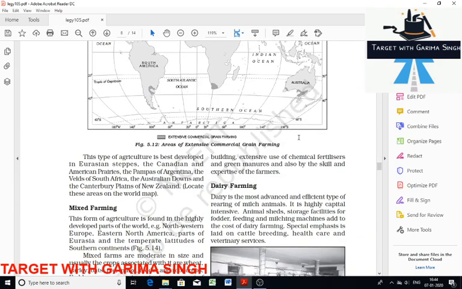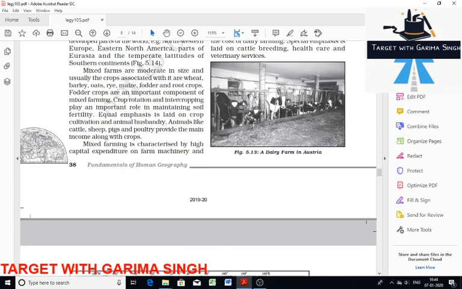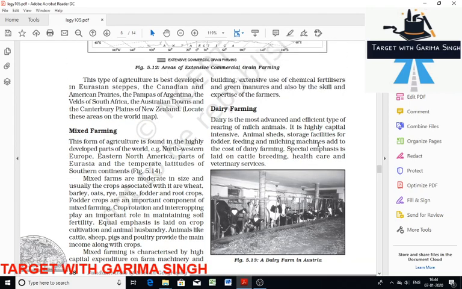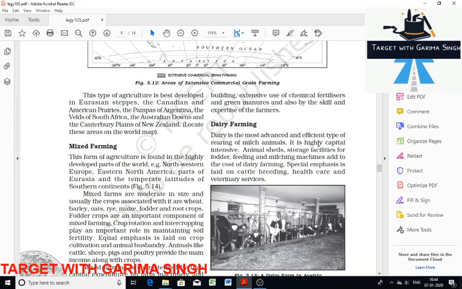Let's discuss mixed farming. This is various kinds of crops where mixed farms are moderate in size, and usually the crops associated are wheat, barley, oats. This form of agriculture you find in highly developed parts of the world. Mixed farming is characterized by high capital expenditure on farm machinery and buildings.